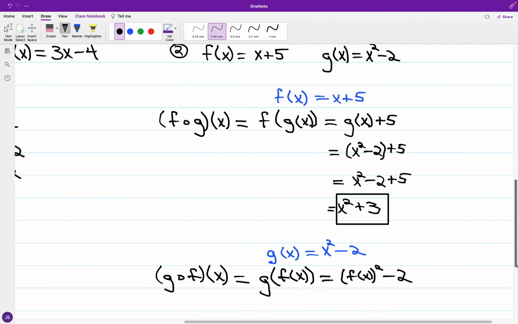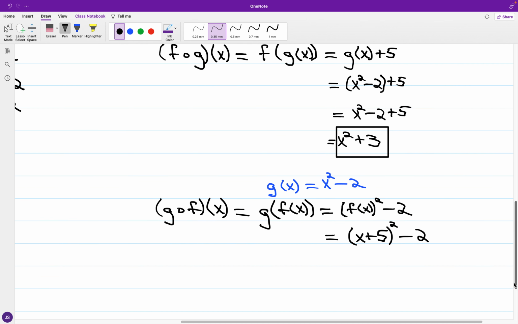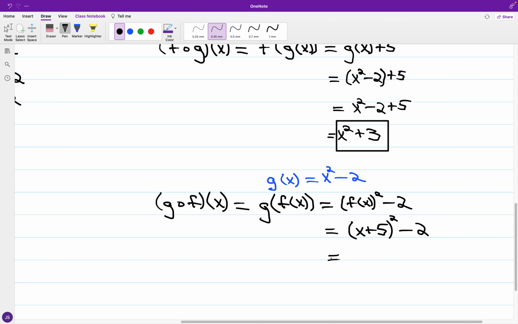So squaring f of x is going to translate to squaring x plus 5. Again, just for the square of x plus 5, you have x plus 5 times itself.